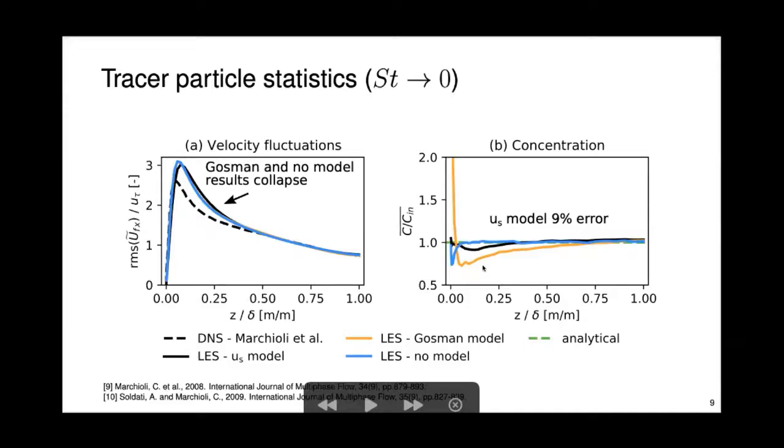However, for the concentration, where we expect a uniform concentration of 1, because it's an incompressible fluid and mass is uniformly distributed, our US model gives a small error of around 9%. This is compared to LES with no dispersion model, so we just interpolate the fluid, which gives an error of around 20%. And like I mentioned, the Grossman model gives quite bad results for small particles, and this concentration goes all the way up to 18. So it's clearly not suited to our case.